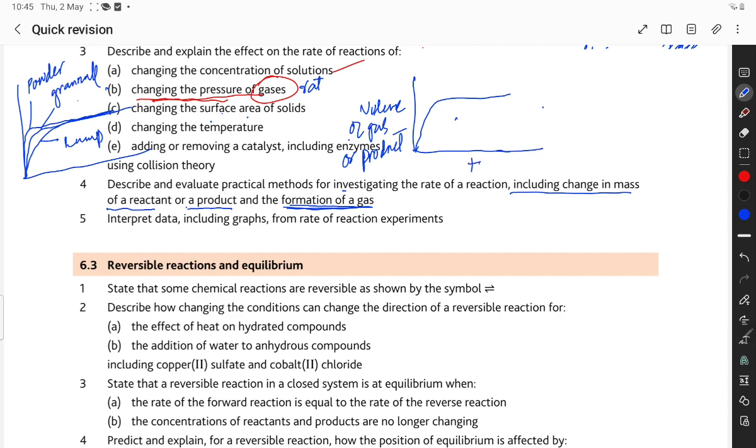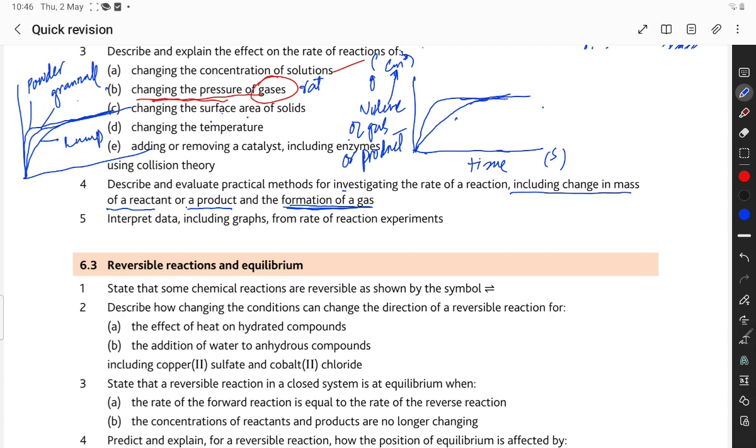Over here time unit is second, over here volume unit is centimeter cube, and mass unit is gram. If mass of product, then gram, but if volume, then centimeter cube, write down unit in bracket as well. So this is the graph of mass of product. This is the slowest and this is the fastest.